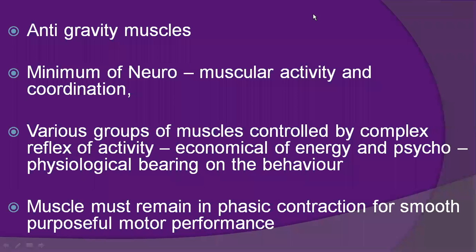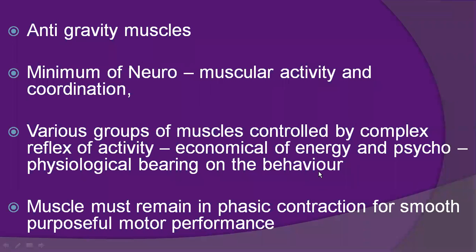Okay. So various groups of muscles are controlled by complex reflex of activity while performing asanas. Is it not? Various groups of muscles controlled by complex reflex of activity, by how? When practicing asanas. So economical of energy and psychophysiological bearing on the behavior also.